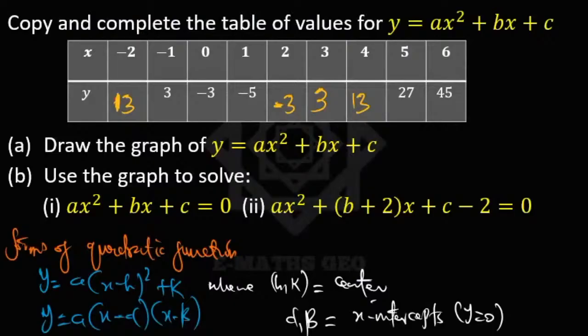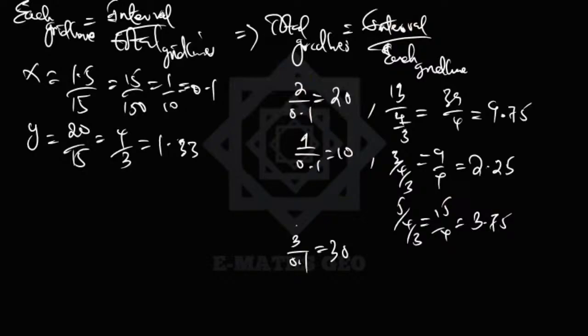So y, 5 and 27. So 5 will be 50, 5 over 0.1. So let's check for 27. For y, 27 over 4 over 3, which is 27 times 3, that's 81 over 4. Yes, 81, that's 20.25.